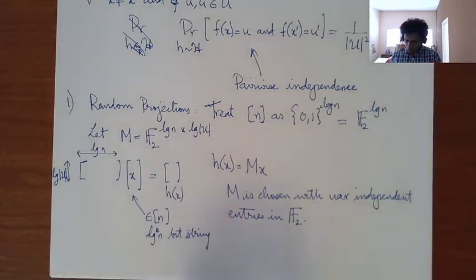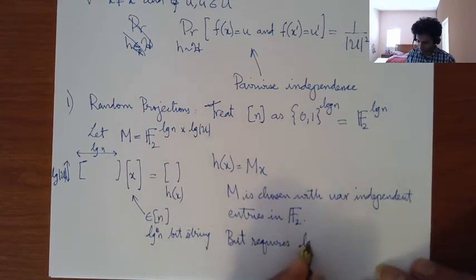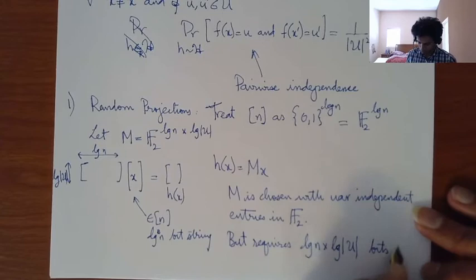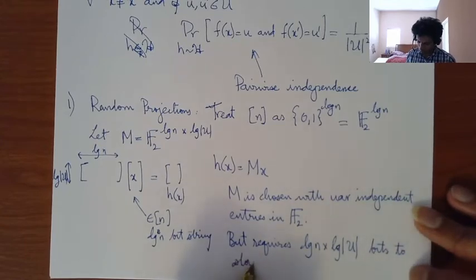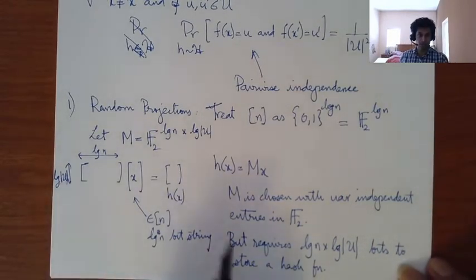This family is 2 universal, but it requires log n times log u bits to store a hash function, because you have to store this random matrix.